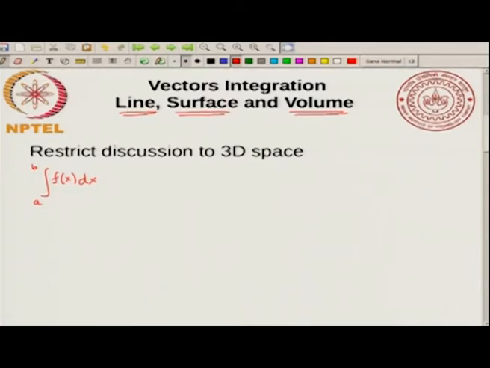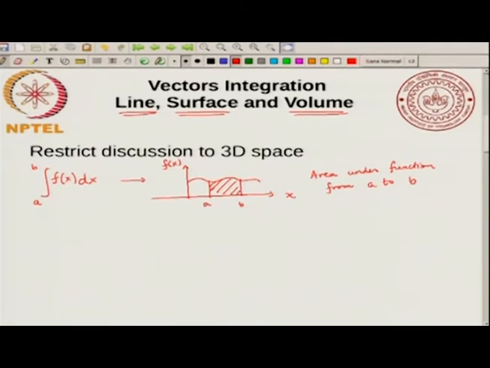If this variable x is shown like this, and f of x is some function which when you plot it looks like this, and this is point A and this is point B, then you know that this integral is nothing but the area under this graph between A and B. So, it is the area under the function from A to B. That is what you mean by this integral over a function.